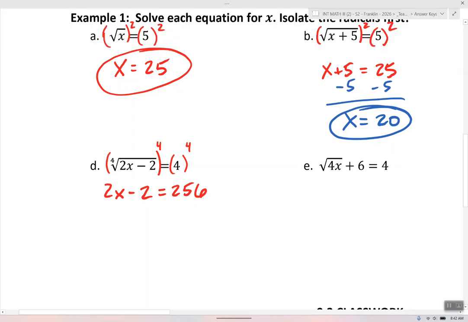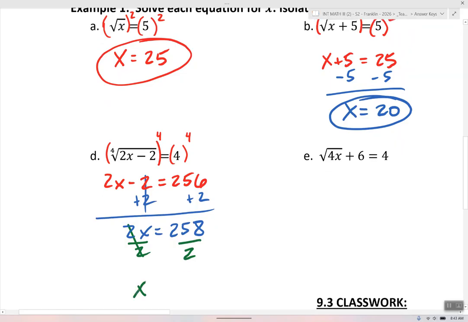Okay, and now we just solve this two-step equation by adding 2. So 2x equals 258. And then we will divide by 2. So x equals 129.